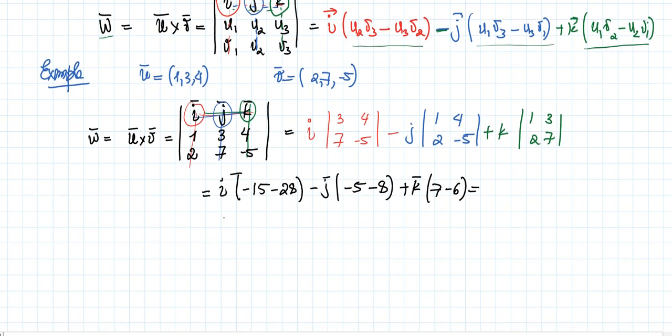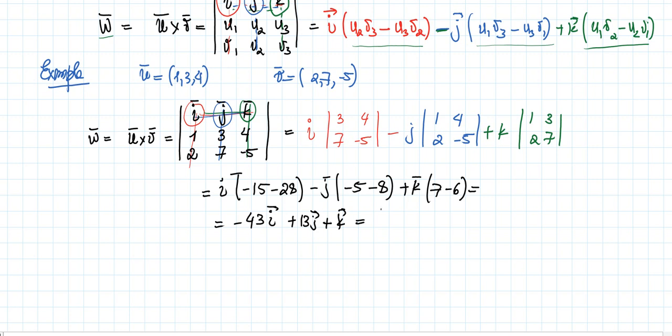If you simplify them, it is going to be I multiplied by minus 43, so let me write it as minus 43I. Minus J multiplied by minus 13, it's going to be plus 13J, right? Plus K multiplied by 1, it's going to be simply K, right?